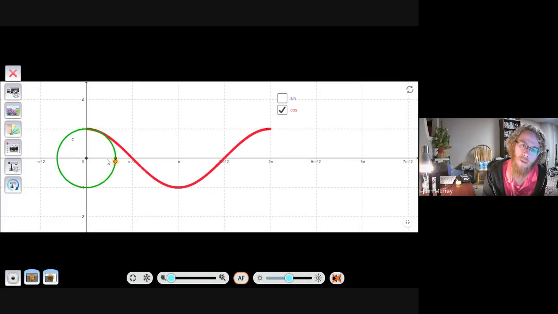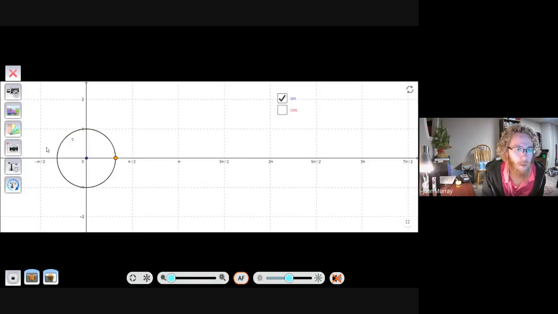So this is 360 degrees, and you would keep adding on, and this graph would just keep going on forever and forever, right? So the x values of our unit circle give us the cosine function.